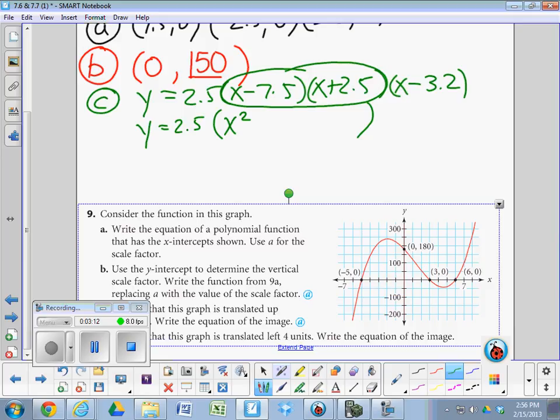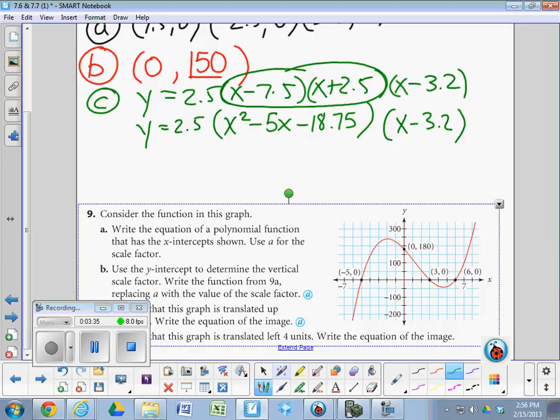They balance out to minus 5x. Lastly, we have negative 7.5 times positive 2.5. Negative 18.75 is correct.